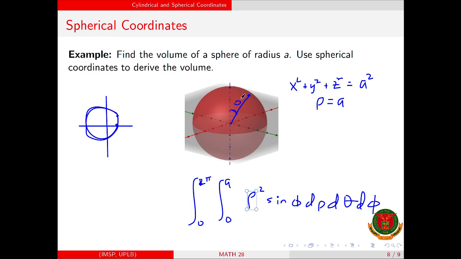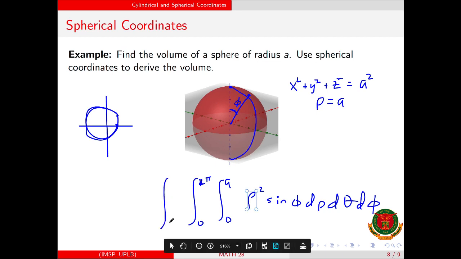And take note, this is represented by phi. And this point will range from here, the intersection with the positive z-axis, up to here. So phi here, the bounds are 0 to pi.